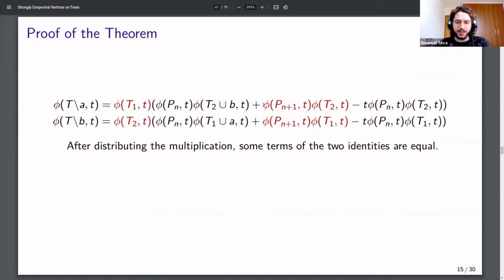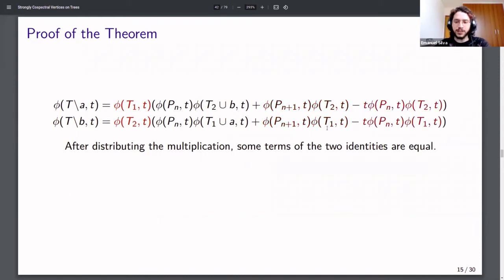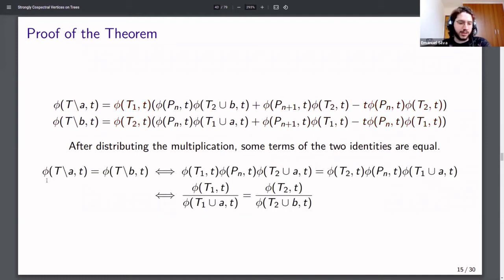Therefore, we can discard these terms. The same thing occurs with the last terms. And therefore, phi of T minus a is going to be equal to phi of T minus b if and only if this product is equal to this product. Phi of P_n occurs in both products, so we can discard it. And therefore, we reach our conclusion. So in our construction, vertices A and B are going to be strongly cospectral if and only if this ratio is satisfied.